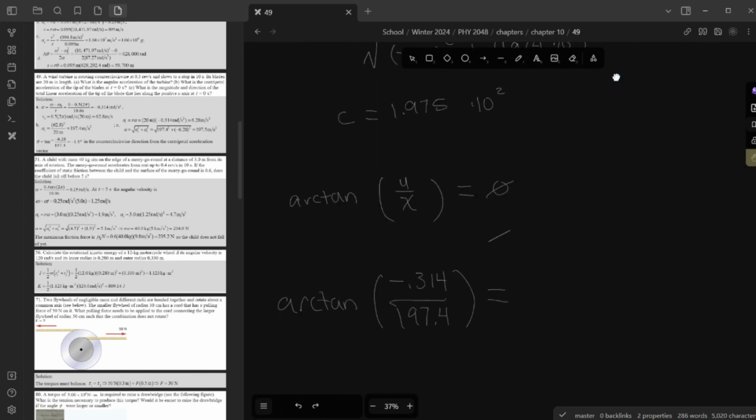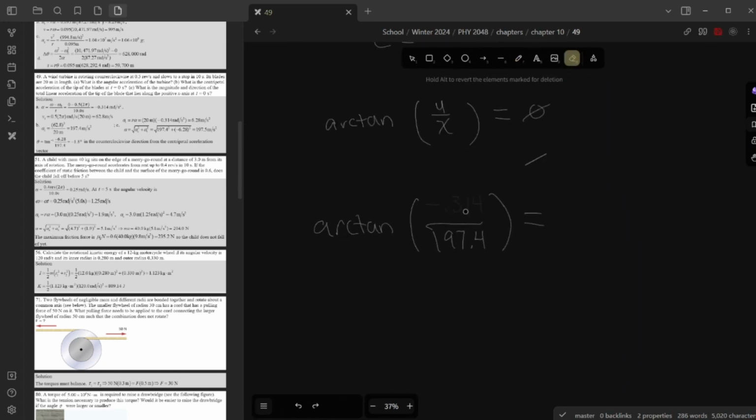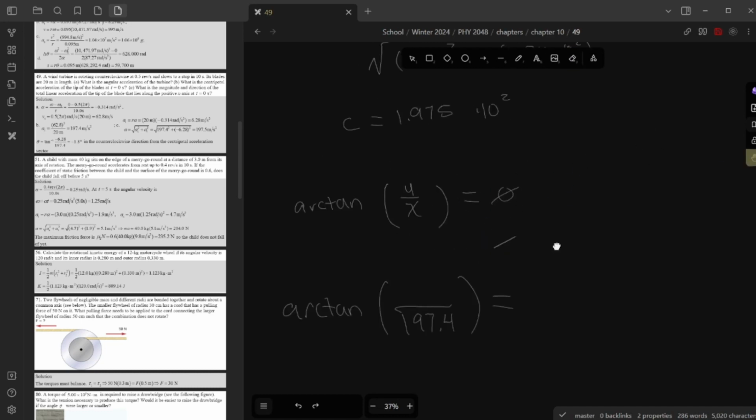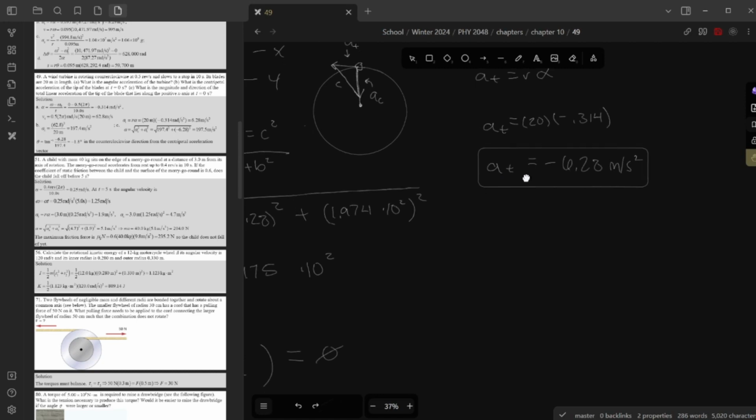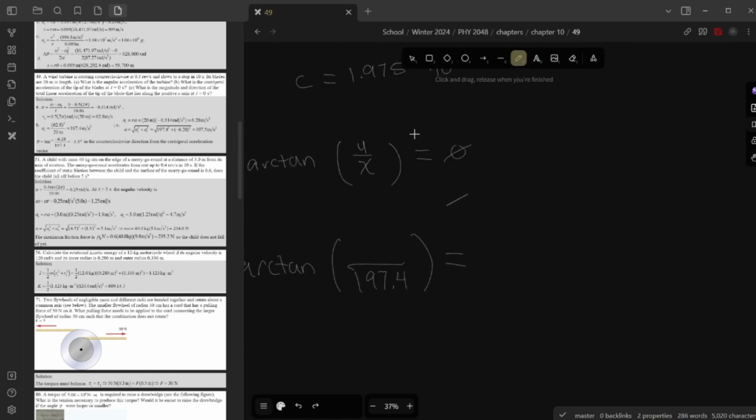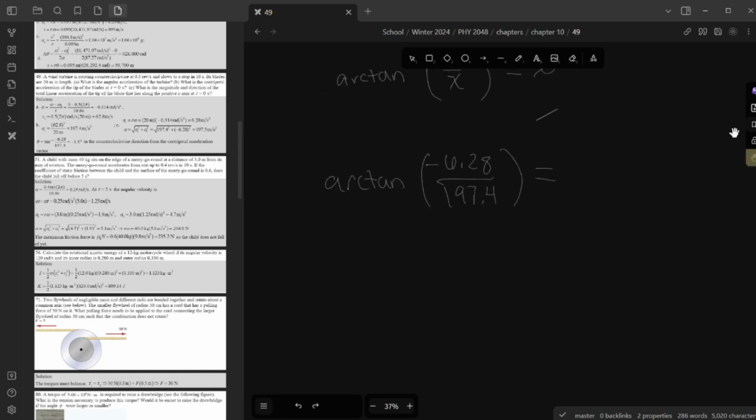Ooh, yeah, sorry, I put in alpha. My bad. So this is not the correct value, sorry. We just calculated the tangential acceleration. It was negative 6.28. Yeah, sorry about that. So yeah, let's go ahead and plug that in.